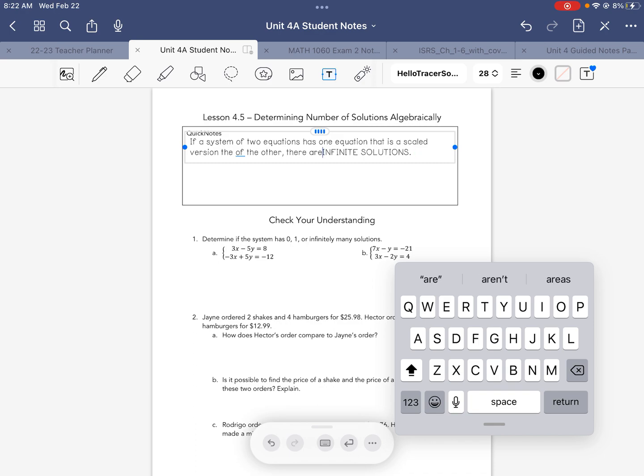The reason for this is that they are the same line. So I just wanted to make sure you guys know what this means.